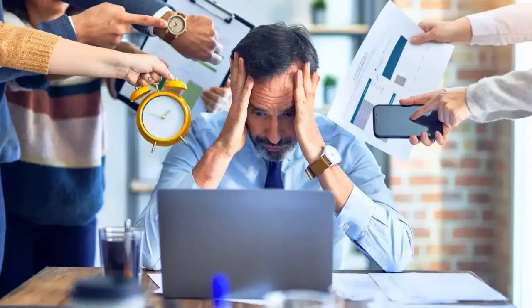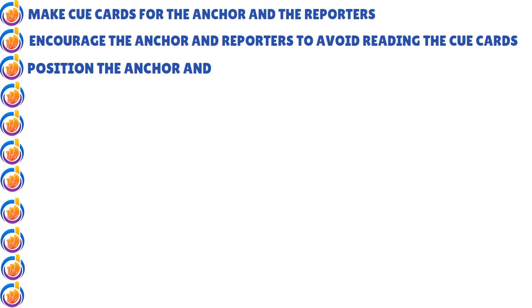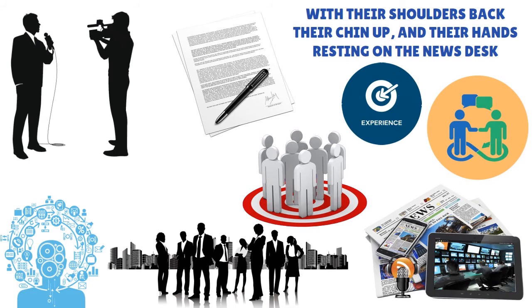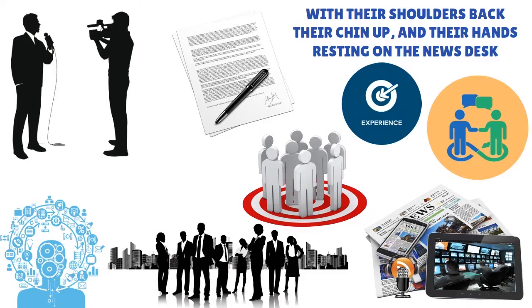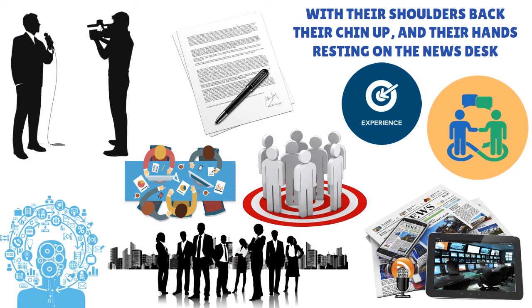One thing you also need to do here is to position the anchor and reporters on the set. It's really important to deliver the type of branding experience that you want your audience to take away. If you are presenting the newscast for a class, you may be able to stage it in front of an audience and do it live, for example.